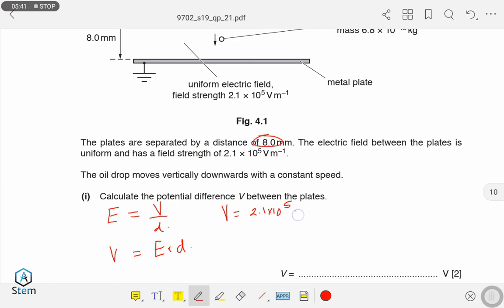We are going to say it's 8 times 10 to the power minus 3. Therefore, the voltage in between, if we punch in our calculators, we will get 1.7 times 10 to the power 3 volts.